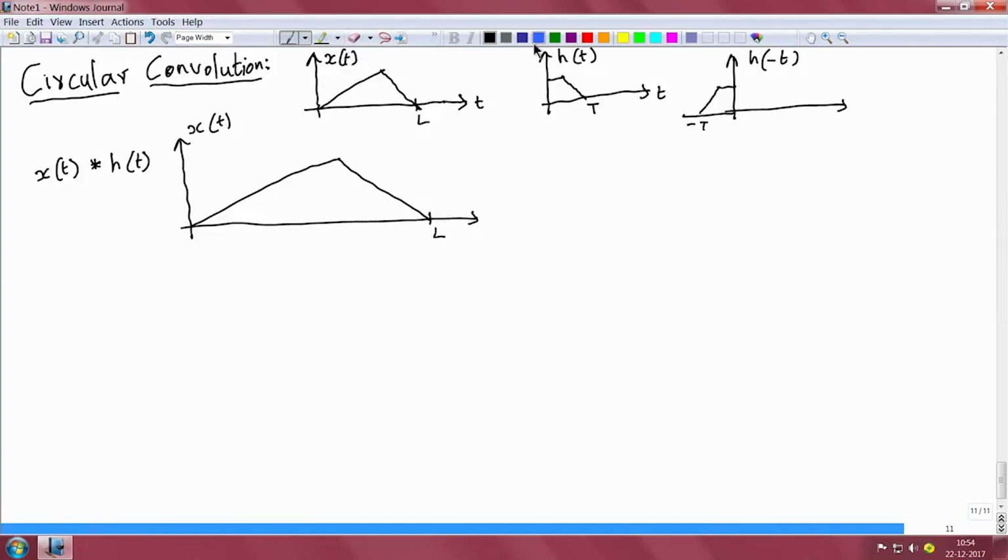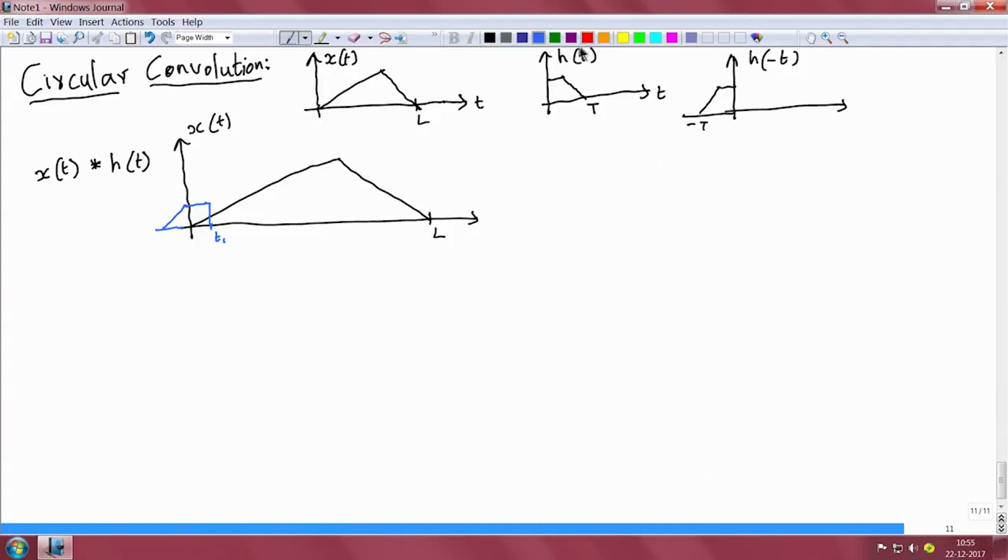For example, with some shift, let us call it T1. If we want to get the convolution output at T1, we overlap this reversed filter response in this particular fashion, multiply the two signals and then sum it up, or integrate for a continuous time signal. That way we get the result of convolution at shift T1.